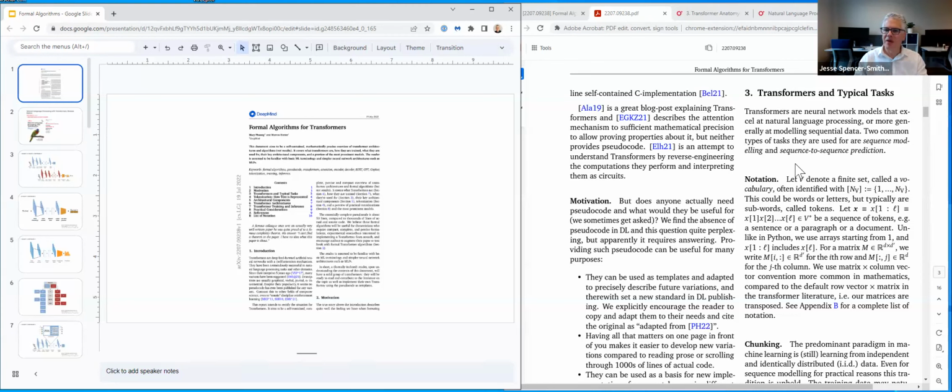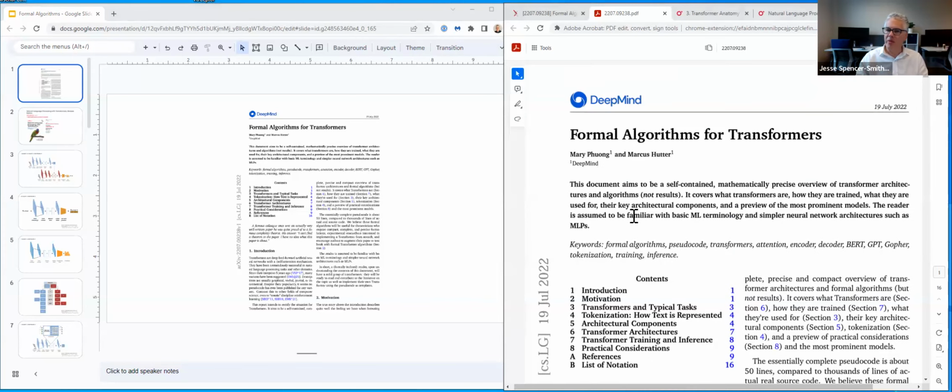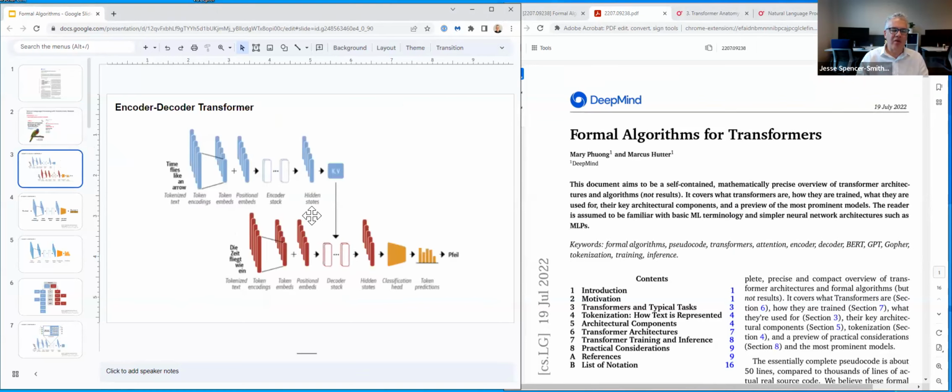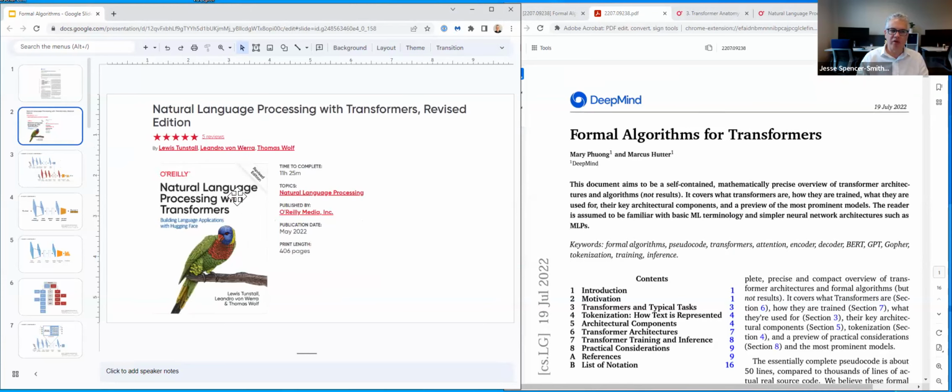All right, then let's go ahead and dive in. What you have on the screen here, and apologies for the crowded screen, as we're going to be covering a lot, is over here to the right, I just have the paper open. Over here to the left, I just have a presentation, a lot of which are going to be illustrations from the NLP book by Tunstall, von Werra, and Wolf.